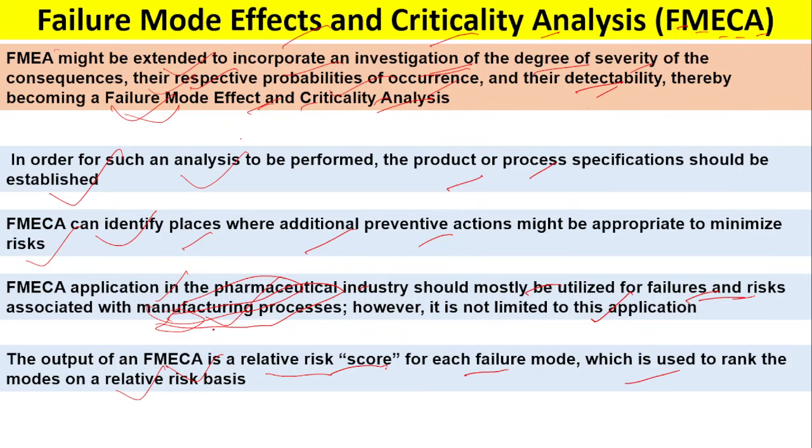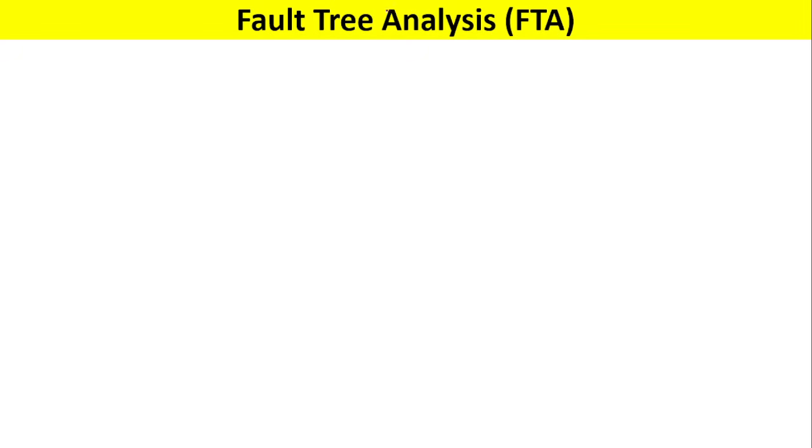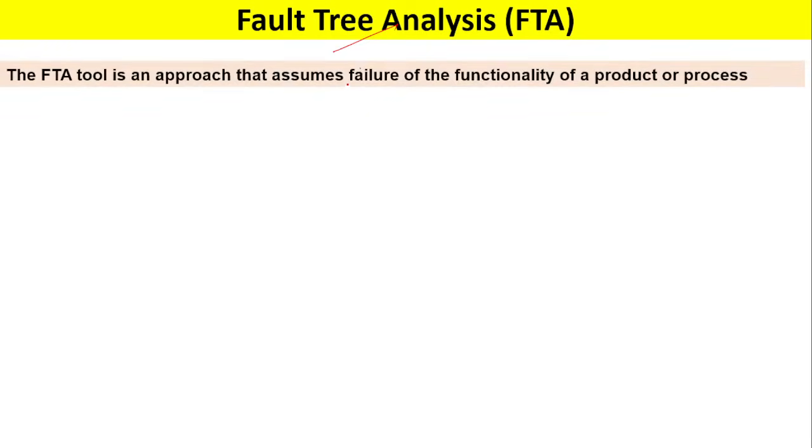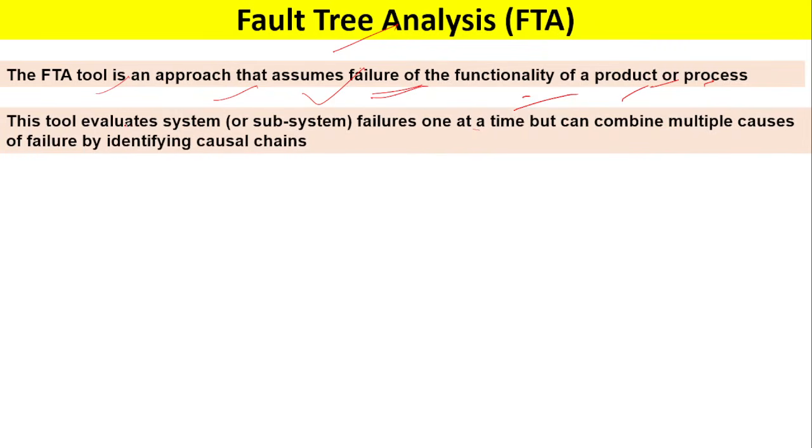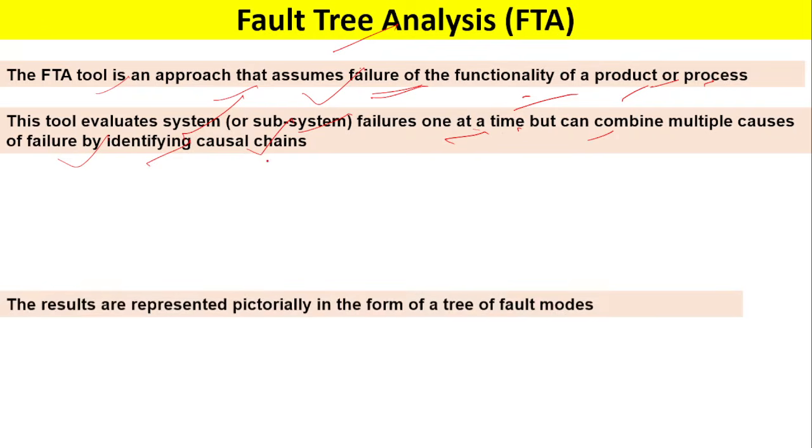Fault tree analysis, FTA. The FTA tool is an approach that assumes failure of the functionality of a product or process. This tool evaluates the system or subsystem failures one at a time, but can combine multiple causes of failure by identifying causal chains.